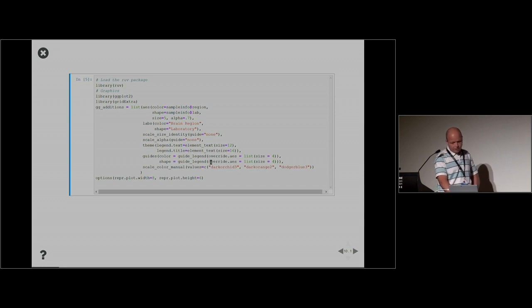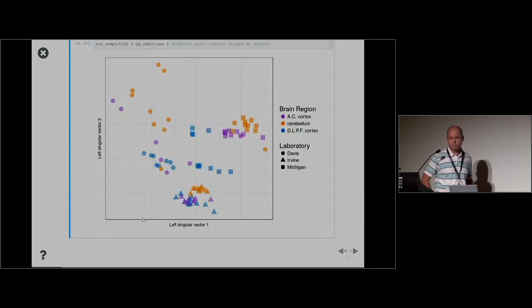Okay, so here I'm going to load the RUV library, load ggplot, define a couple other things mostly related to ggplot, and once I do that, I am able to make this plot. This plot is going to tell us a lot about basically the problem that we're trying to solve.